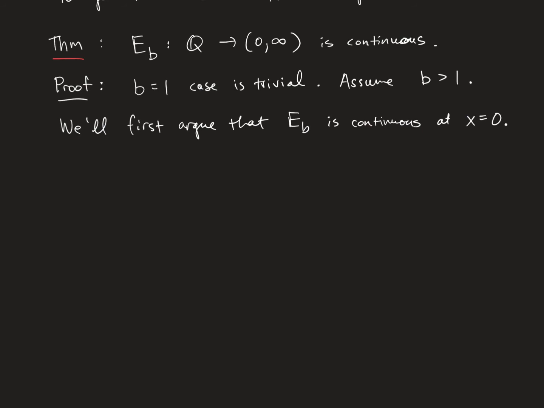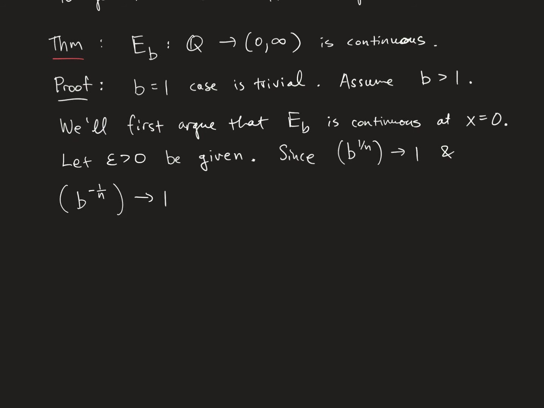Okay, so what we need to do is we'll let epsilon greater than 0 be given. So since we have b to the 1 over n converging to 1 and b to the minus 1 over n converging to 1, because this is just the same thing as b to the minus 1 to the 1 over n, but b to the minus 1 is just another b, right?